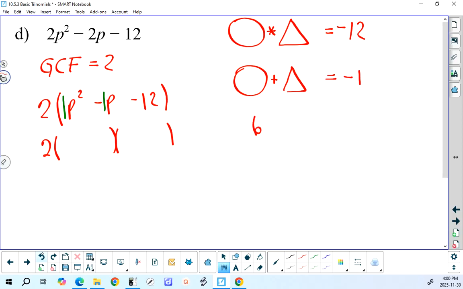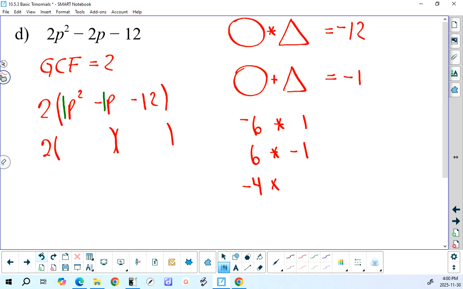So you can try the combinations with 6 and 1. If they have to multiply to give negative, it's negative 6 and 1, or it's 6 and negative 1. You'll discover that these two fail the addition test. Neither pair of these numbers adds to give negative 1. So maybe you try 4 and 3.